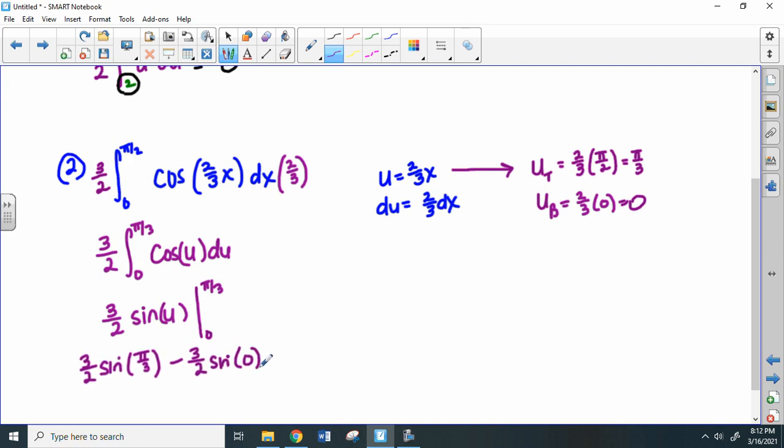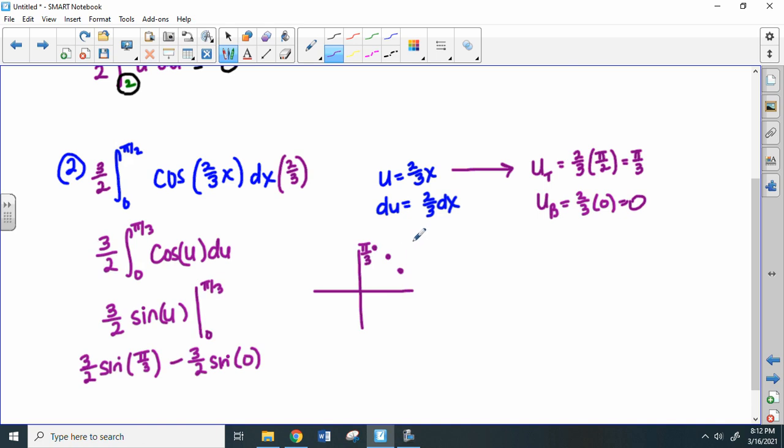Hopefully you remember sine of 0 is 0, but you are expected to know sine of pi over 3. So we think about our three angles. Which one is pi over 3? Pi over 3 is bigger than pi over 6, so this one's the pi over 3.